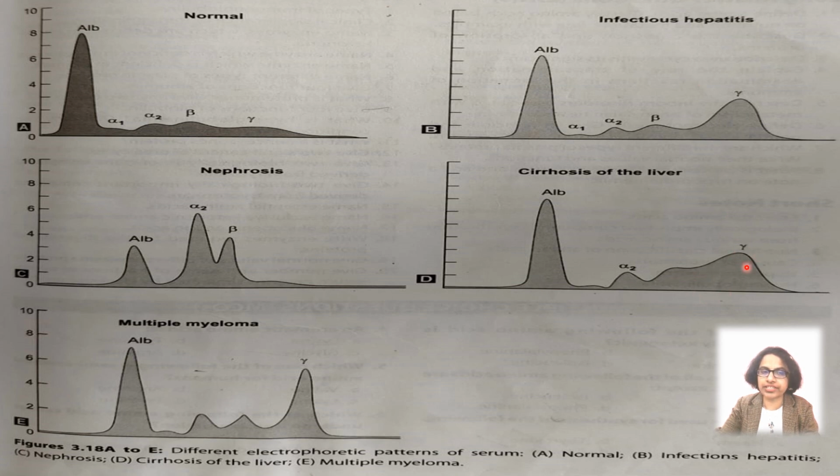In this condition also the gamma globulin is raised, and in multiple myeloma the gamma globulin raising will be noticed, and in the nephrosis condition we can notice alpha 2 and then beta globulin raised. Now when you differentiate between normal pattern and abnormal pattern, we can identify how electrophoresis is useful in the clinical scenario.